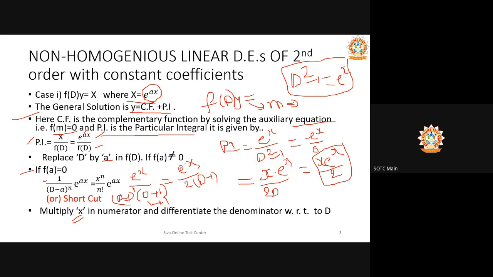So now keep e power x by 2 aside, 1 by d minus 1 is there. So if you apply this formula, it will come what? X power n. What is n value here? That is 1, right?